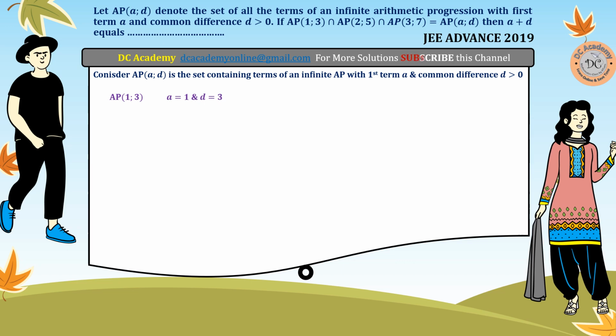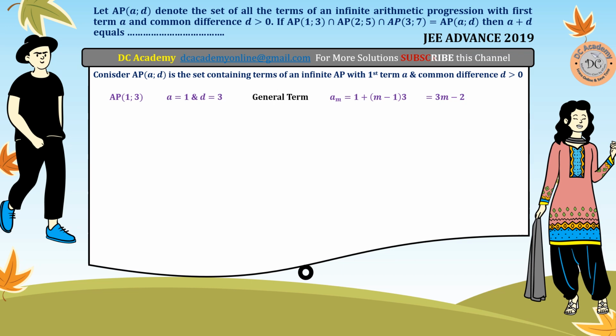Now, what is the general term? The general term is the first term A plus (n minus 1) D. So here, the mth term is equal to 1 plus 3 multiplied by (m minus 1), which simplifies to 3m minus 2.